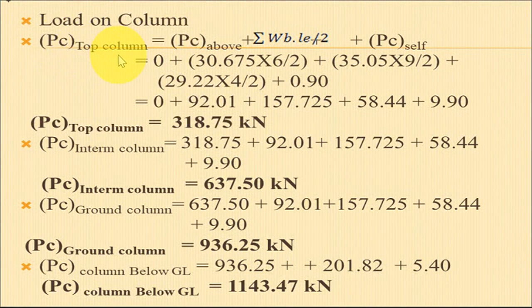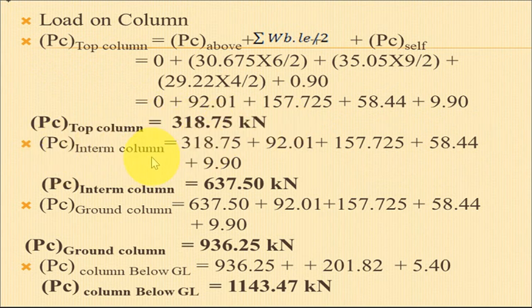Now we can transfer this load to the column. Now load on the column, top column, first of all the load which is above the column, which is 0, then summation of the shear from the beam, say B1, B2 and B3 plus self weight of the column, and so we get the total load on the top column is 318.75 kilonewton.